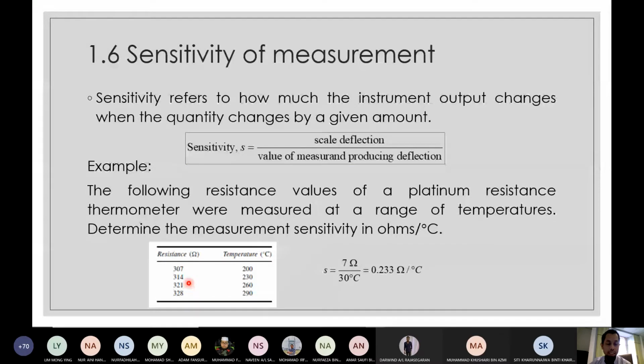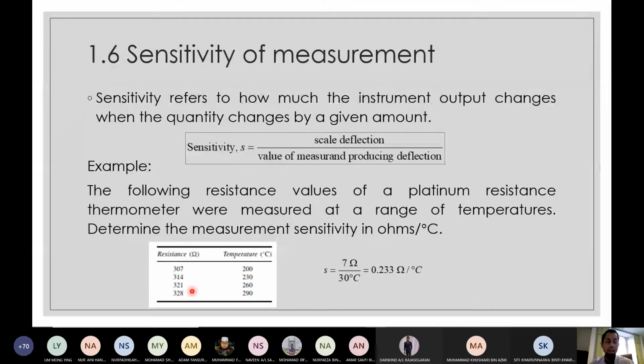So as the temperature increases, the resistance also increases. And we can say that the increment is linear, because when it increases 30 degrees, the resistance increases 7 ohms. When it increases another 30 degrees, it also increases another 7 ohms in resistance.